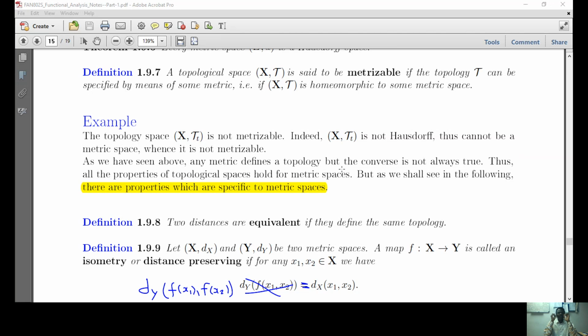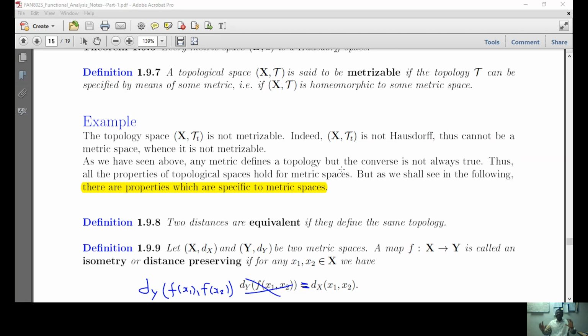Because we saw that a metric space can define a topological space, I mean, it has an underlying topology. So once you have a metric space, all the properties of a topological space will apply to it because it has an underlying topology, and that topology has all the properties of a topology.